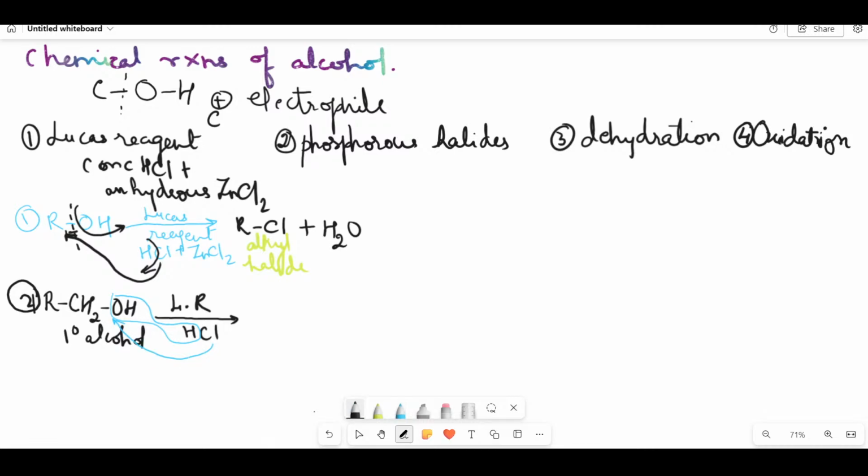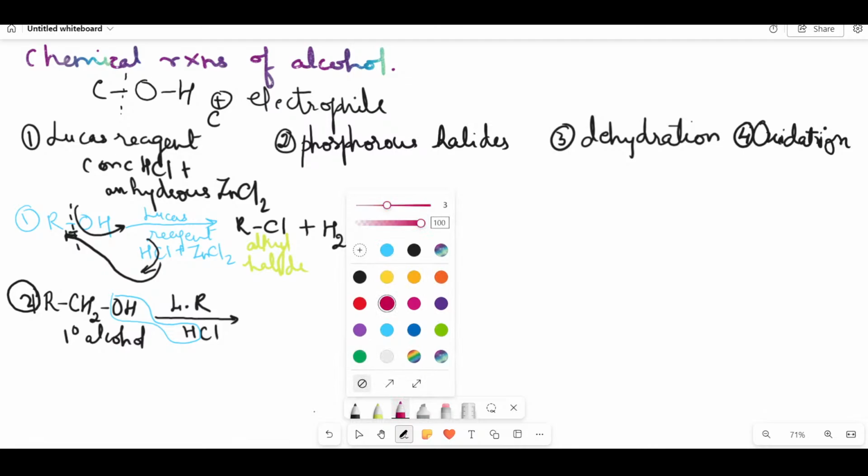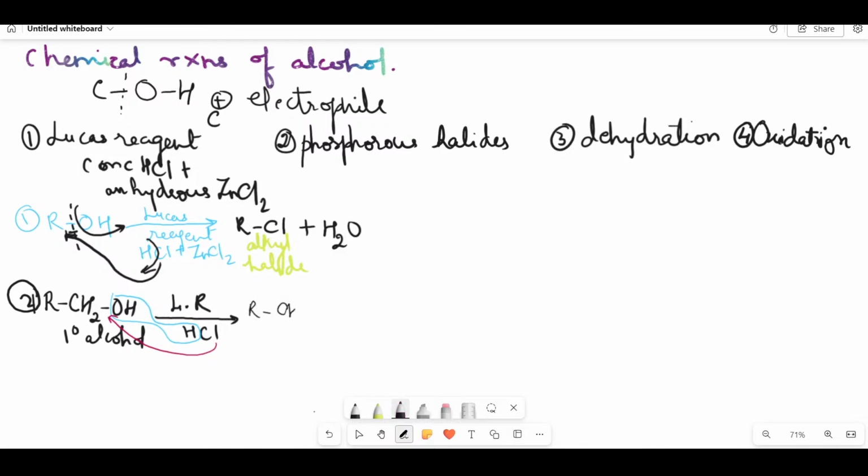So what we get is RCH2Cl plus water. Here this takes place at room temperature. CH2Cl is produced at room temperature.